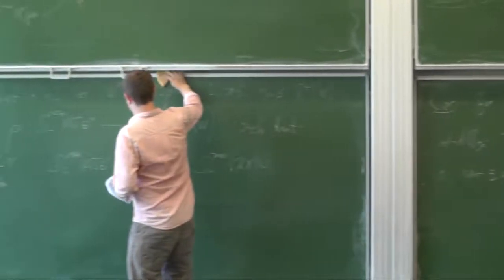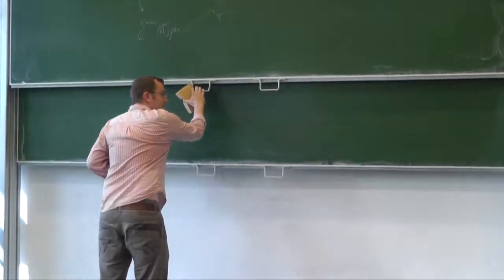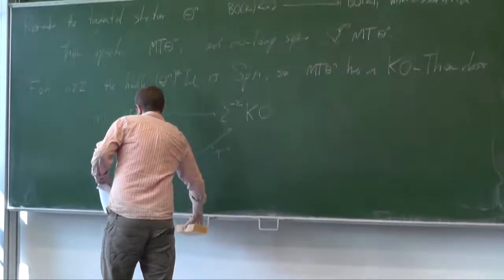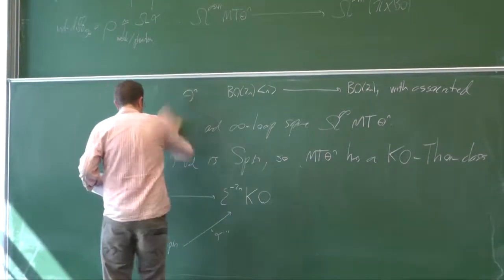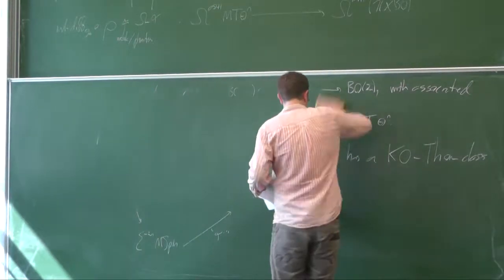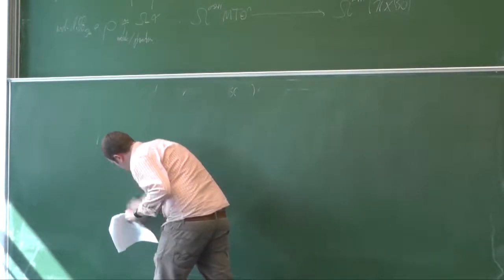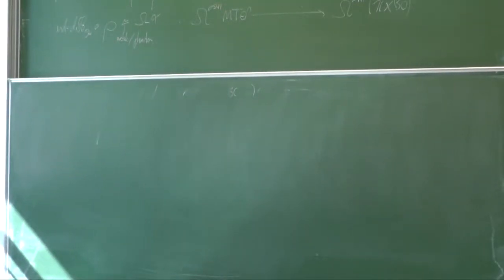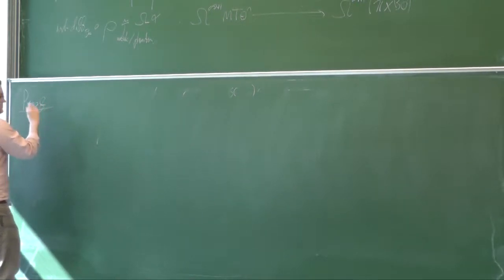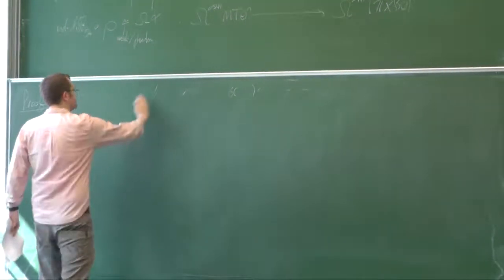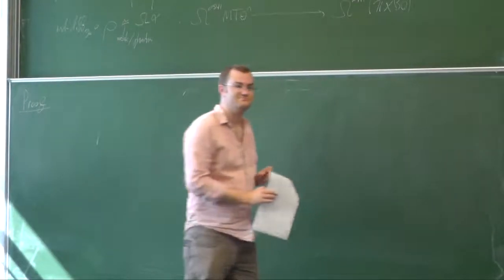So let me explain the proof of this, which is now just a little homotopy theory calculation. The first part is, how are we going to prove it? Well, we're going to use the main theorem.